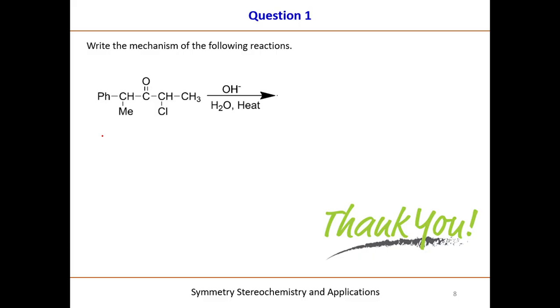In the Favorskii rearrangement reaction, the reaction of an alpha haloketone with a base produces a rearranged acid or ester, which is called the Favorskii rearrangement reaction. So I will write the mechanism here.